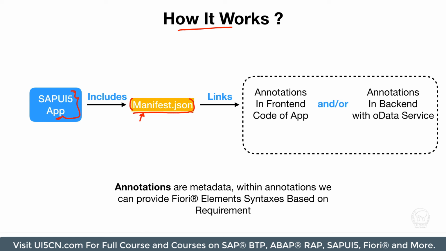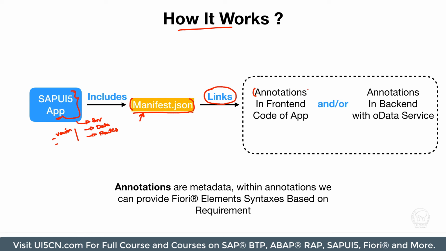Now this file contains a lot of information which links the application with its services, or with the data models, or provides the application with data, or the routes, how the routes should be defined, and also basic information like versioning, or if you have some third-party library to be loaded. So all that information is provided within this manifest.json file, which also links annotations.